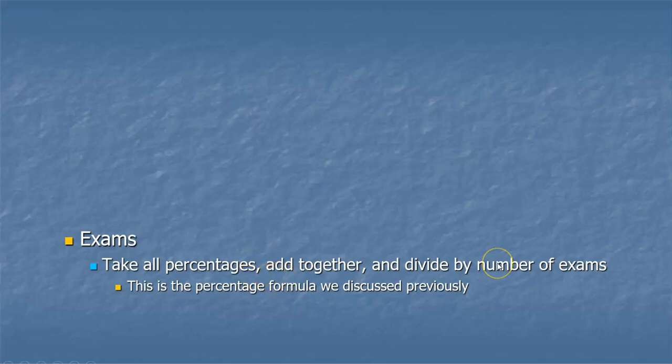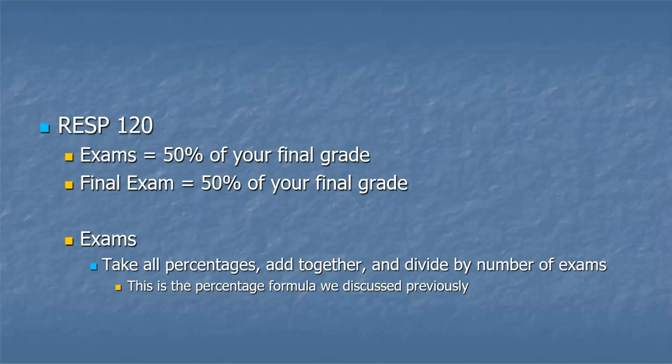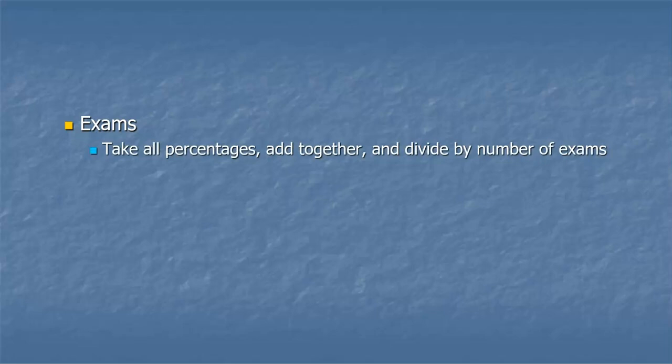This is the percentage formula that we discussed previously. So in Respiratory 120, the exams equal 50% of your final grade, and the final exam equals the other 50% of your final grade. So, let's take all the exams, all the percentages added together, and divide by the number of exams. And this is the formula we discussed previously.